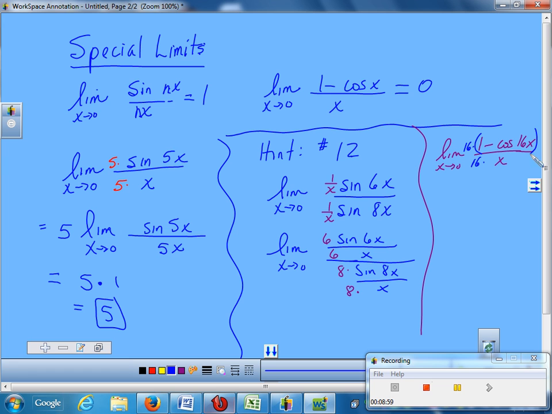You pull the 16 out front, leaving 1 minus cosine of 16x over 16x. But it'll get multiplied by 0, so you always get 0. That's always 16 times 0, which is boring. So I'm way more inclined to give you the sine one, just because you can get an answer other than 0.